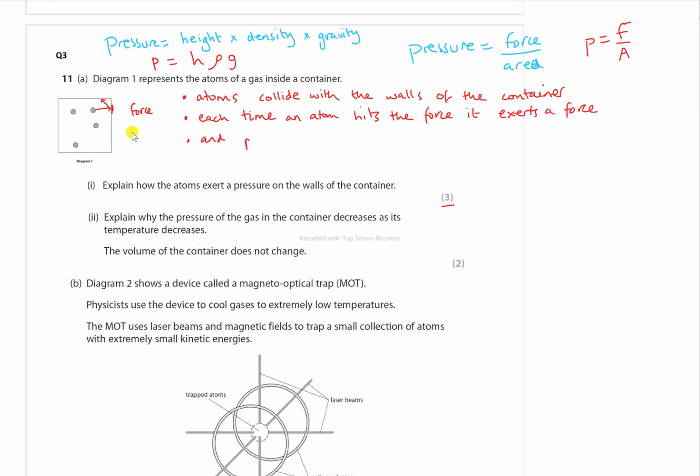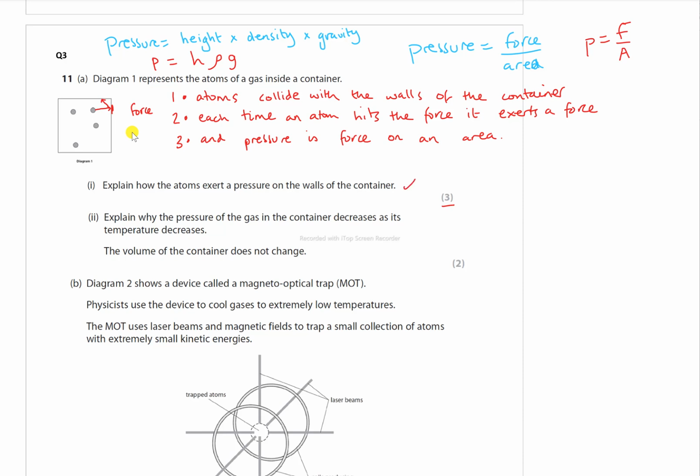And pressure is the measure of force on an area. So that's how pressure is generated. So look, 1, 2, 3 points. So just learn them as one thing.